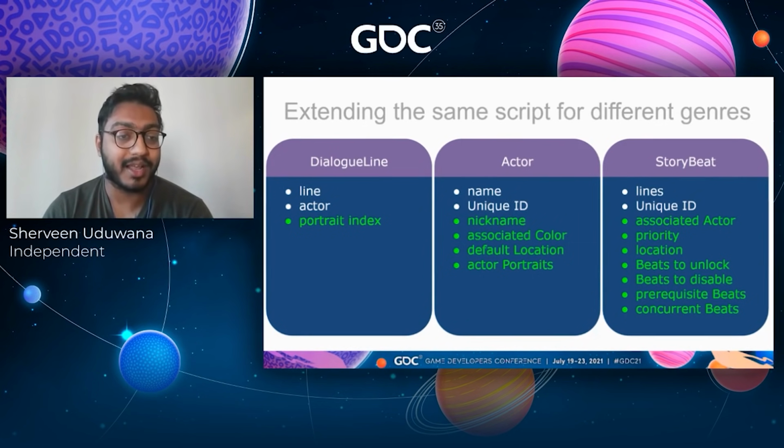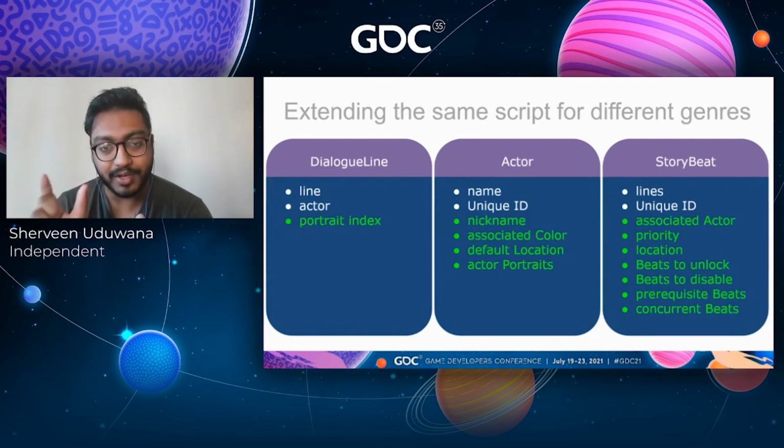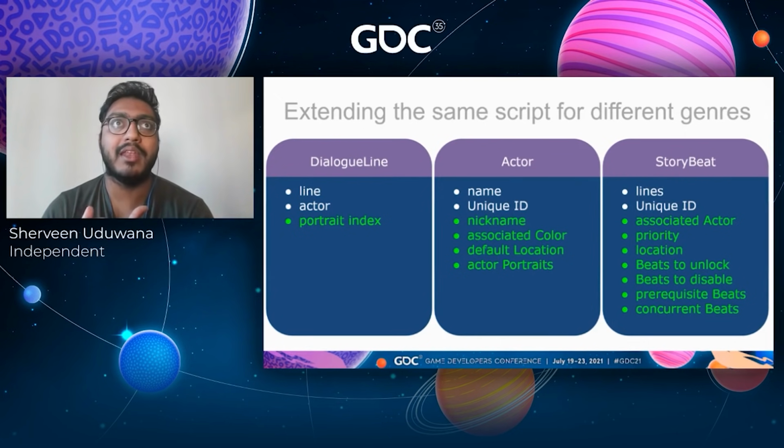There's a portrait index that's there in case you want to use different character portraits. The actors have nicknames that appear underneath their name. They also have an associated color. They also have a default location. So in Blackcurrant, I didn't have to worry about that because all of the location and where the character is going to be was handled by the character itself.